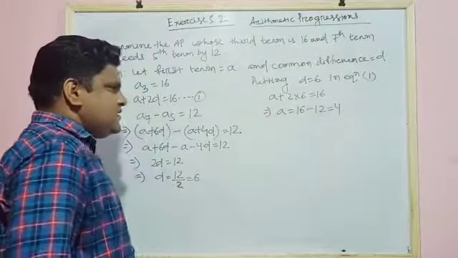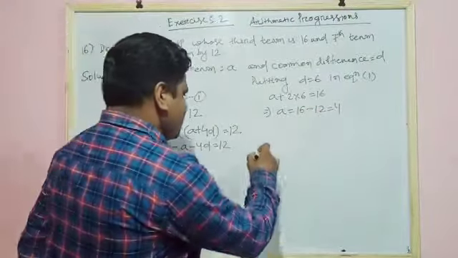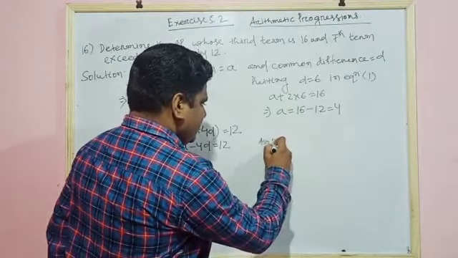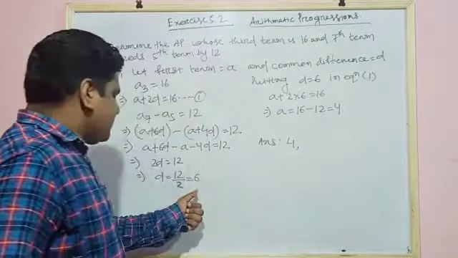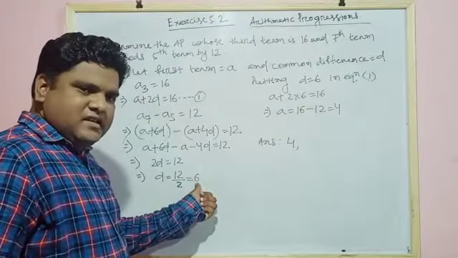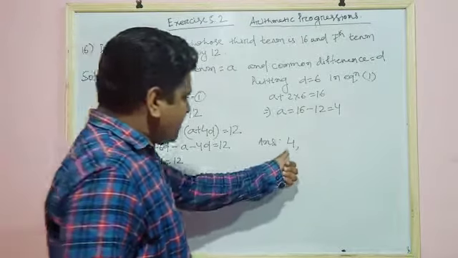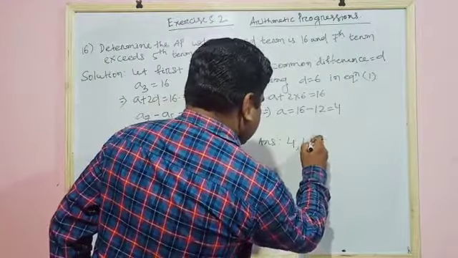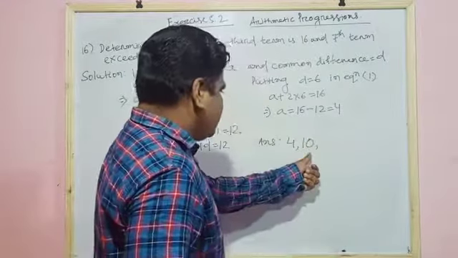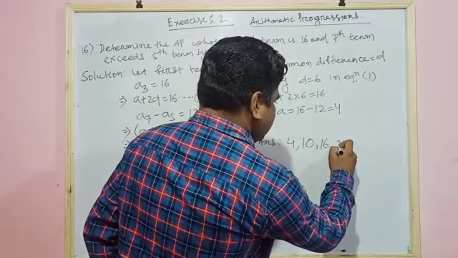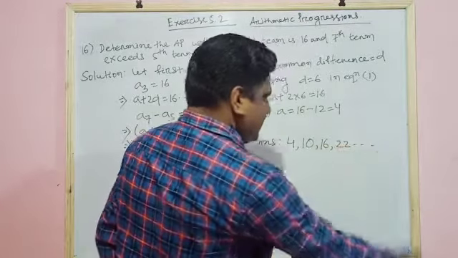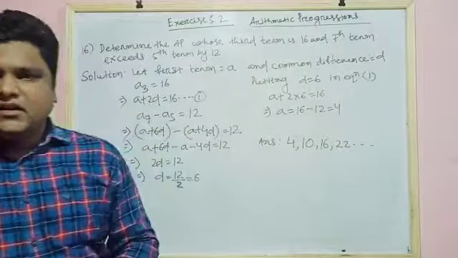So the first term of this AP is 4. Then the next term will be A plus D, which is 4 plus 6 is 10. The next term will be 10 plus 6, which is 16. And the next term will be 16 plus 6, which is 22, and so on. We got the AP now.